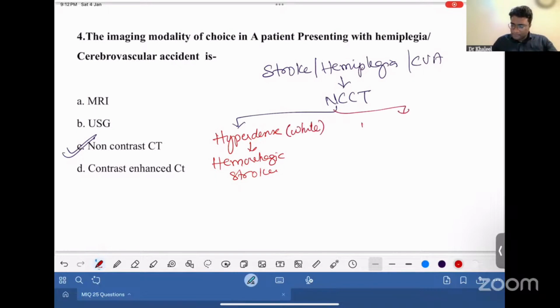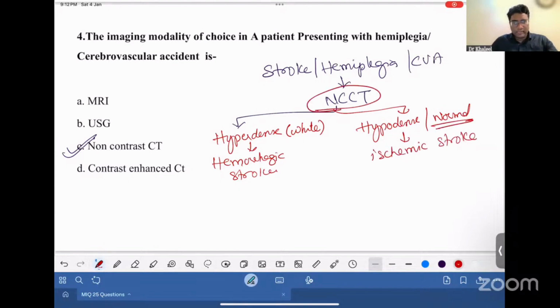But if it is hypodense or normal, this is ischemic stroke. So even a normal CT scan in a case of hemiplegia should be considered ischemic stroke or acute infarct and started on thrombolysis.